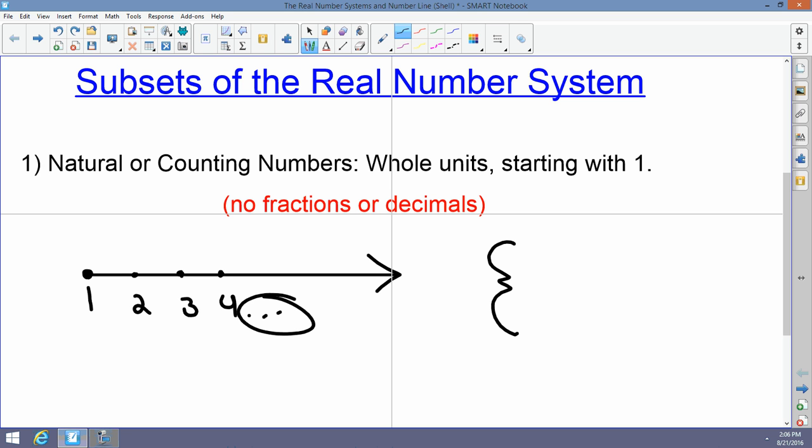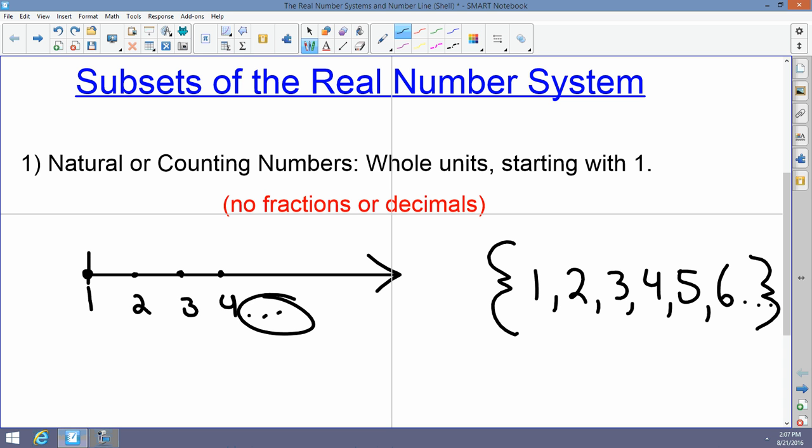And the set of natural or counting numbers would include 1, 2, 3, 4, 5, 6, and so on. That's going to keep on moving forever. Okay? So it's pretty simple. When you're making your number line, you don't have to use these dots. You could just use a little tick mark if you so choose.